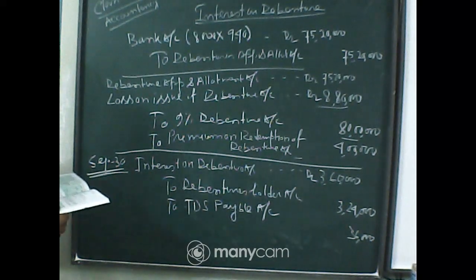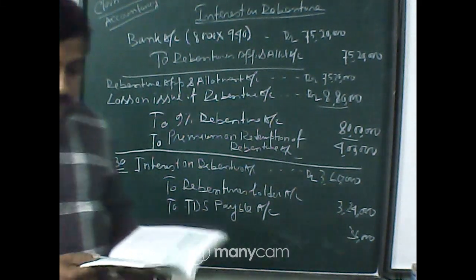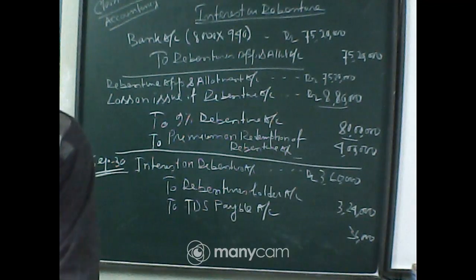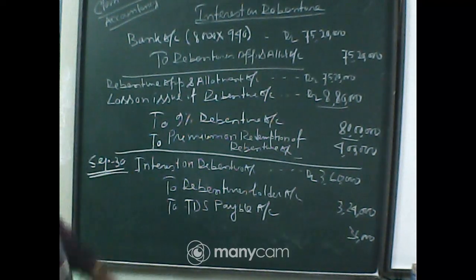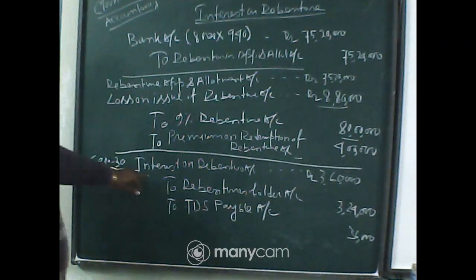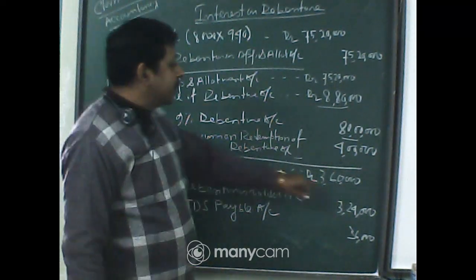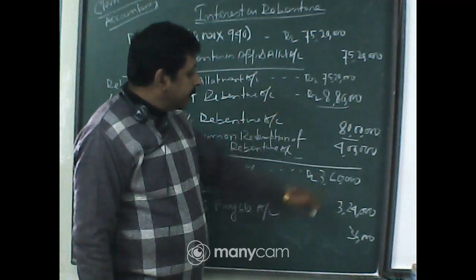So, half yearly interest due on debenture and tax deducted at source. First you do the debentures, now you will pay to the debenture holders. Interest is the expense for the company, that is why it is debited.